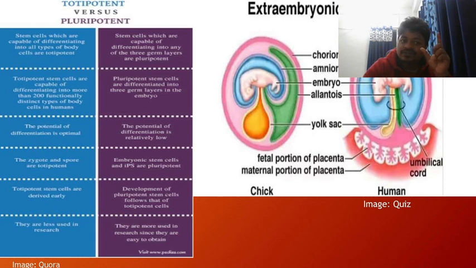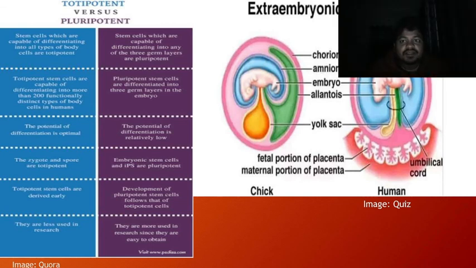Totipotent stem cells are capable of differentiating into more than 200 functionally distinct types of body cells in humans, but pluripotent stem cells will produce only the germ layers. Totipotent stem cells will produce all the types of body cells required to produce a body. The differentiation potential is optimal in totipotent stem cells, and for pluripotent stem cells, it is relatively low.